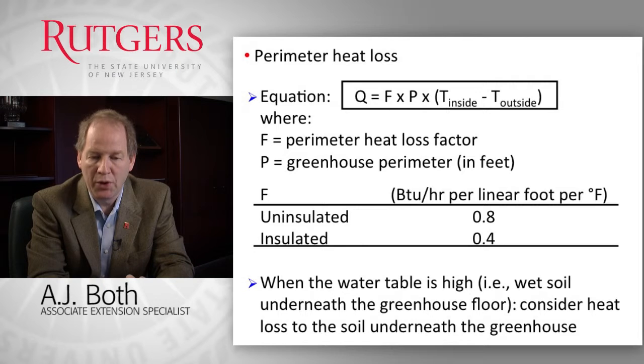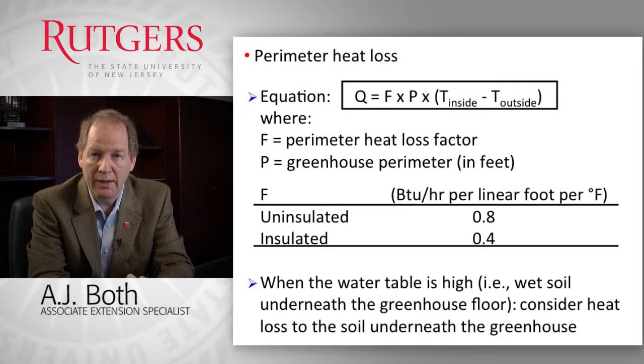And again, water is a very good conductor for heat. In that case, you may lose significant quantities of heat to the floor, to the ground underneath your greenhouse. And in that case, it makes sense to install a horizontal layer of insulation underneath your entire greenhouse.